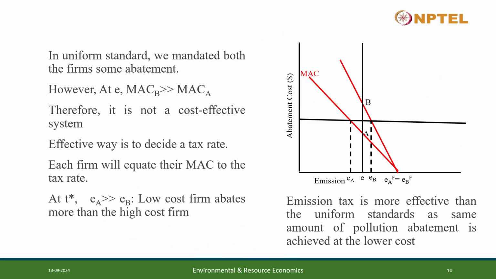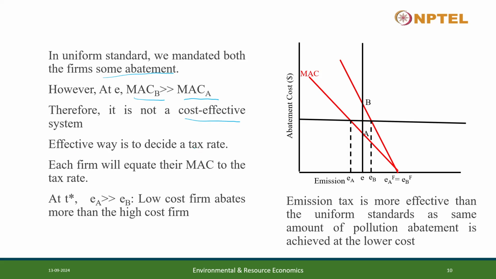So we will conclude that in uniform standard we mandate both the firms some abatement which will be equal. However, the marginal abatement cost curve of B is much higher than A, so it is not a cost effective system.